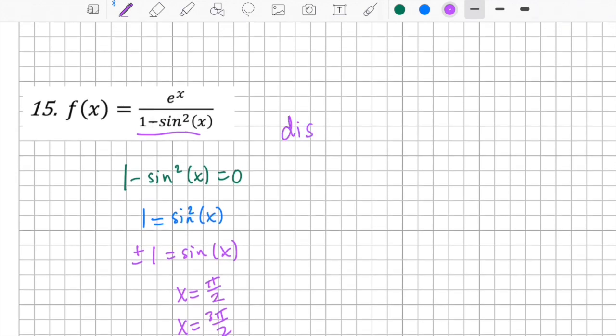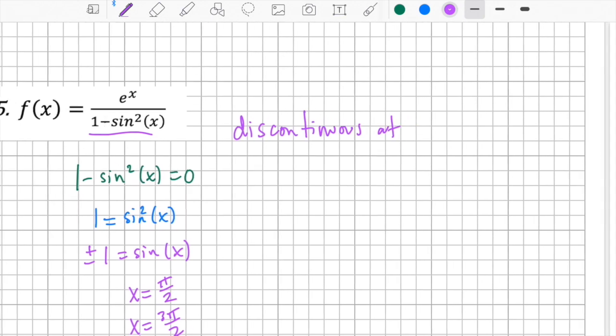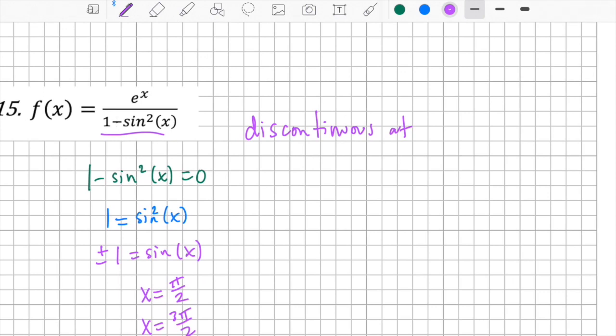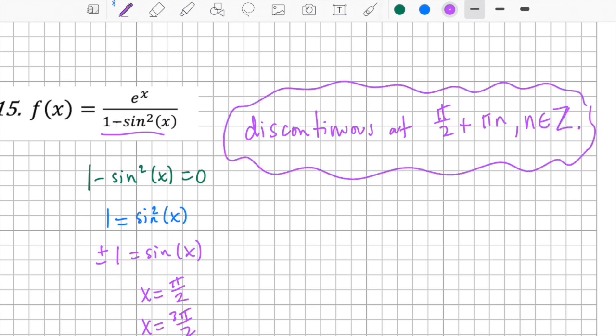So we can say that this function is discontinuous at pi over 2, 3 pi over 2, and so on. Not a multiple of pi over 2, but pi over 2 plus a multiple of pi, because from pi over 2 to 3 pi over 2 it's pi, and then 5 pi over 2 is another pi, then 7 pi over 2 is another pi. So we can write it as discontinuous at pi over 2 plus pi n, where n is an element of the integers. So this is where this function is discontinuous.